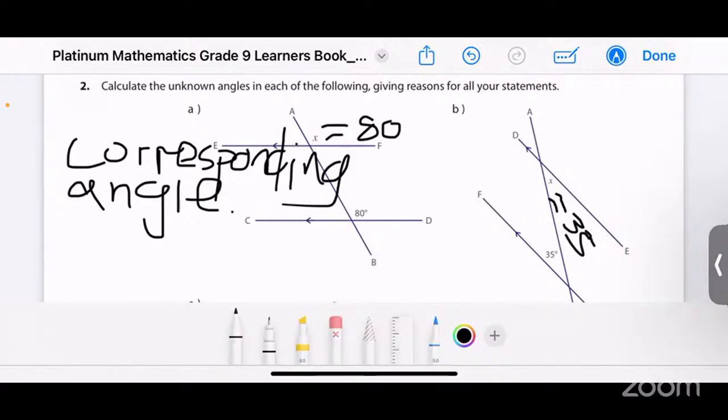What is the reason? Corresponding. The one, that's a Z. That's an upside down Z like this. How can I draw it? Like this, if I put my phone upside down. What is that condition which satisfies the Z?